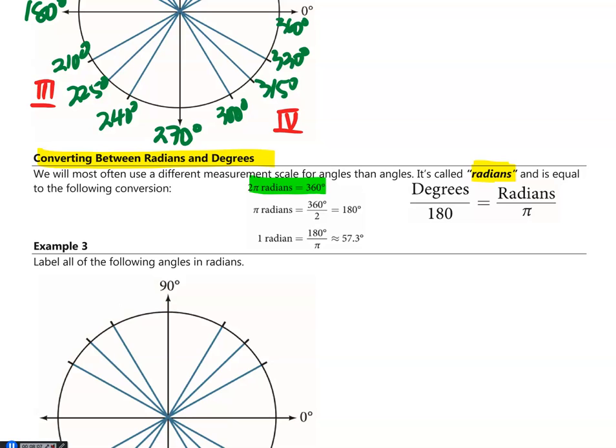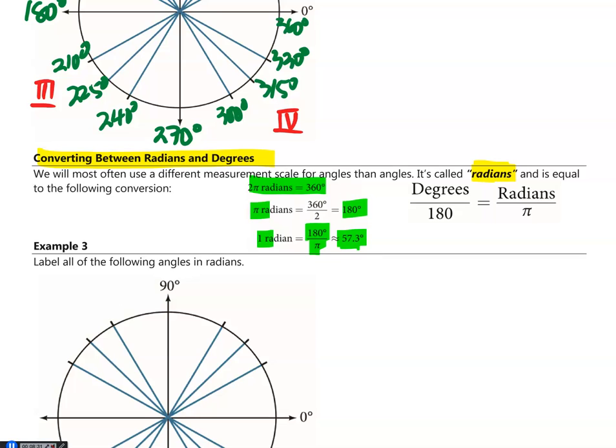Pi radians is equal to, when we divide by 2, 360 divided by 2 is equal to 180. So meaning if we divide both sides by pi, 1 radian is 180 over pi, which is approximately equal to 57.3 degrees.